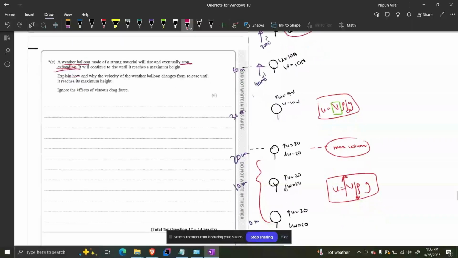So what you should say is, first, we can say upthrust is greater than weight. Okay. Resultant force is upward. Therefore it moves upwards, right? Therefore the balloon accelerates upwards.